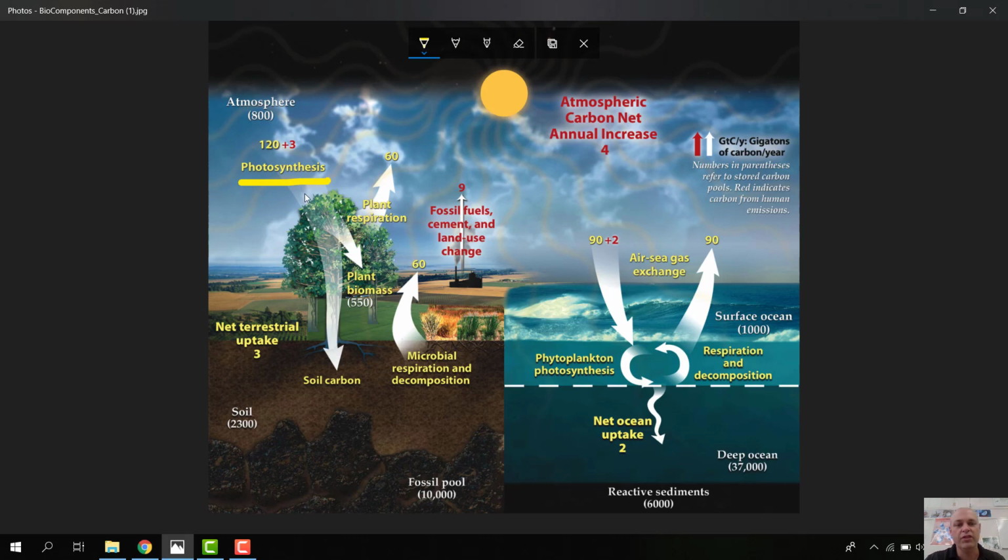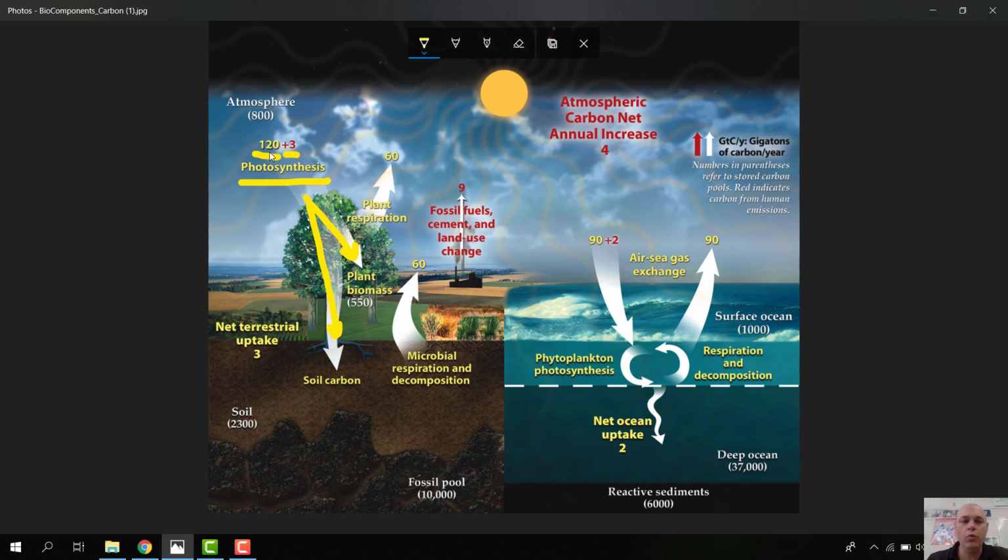We know that photosynthesis pulls in carbon from the atmosphere into trees, and we get a number here of 120. And then you also see this plus 3. We'll come back to that plus 3 in just a moment. But 120 gigatons of carbon is going to be pulled out of the atmosphere and put into plant material and into soil through this process of photosynthesis.